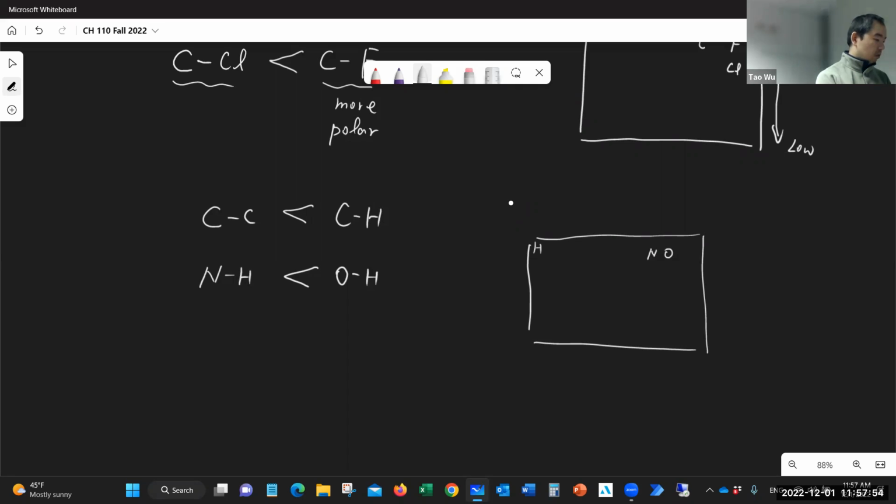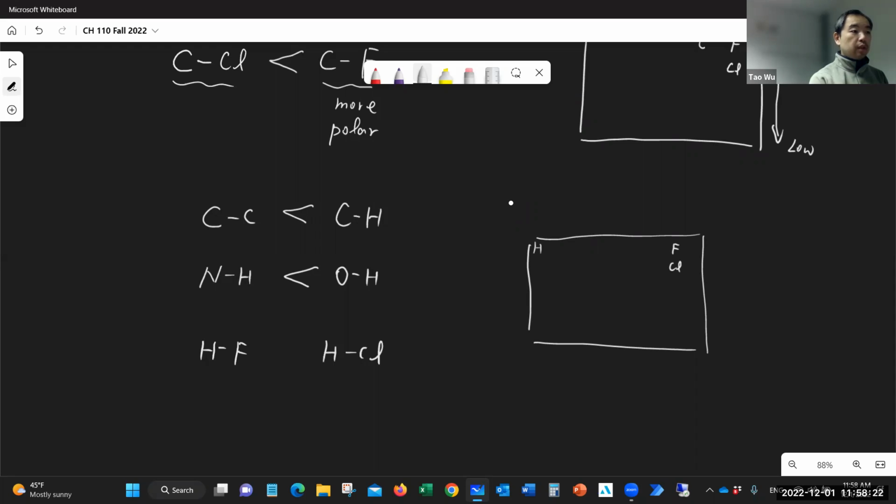Then again, the hydrogen-fluorine bond and the hydrogen-chlorine bond. Hydrogen is over here. It's similar to the carbon-chlorine and carbon-fluorine bonds. Fluorine is over here, chlorine is over here. Fluorine is stronger than chlorine.